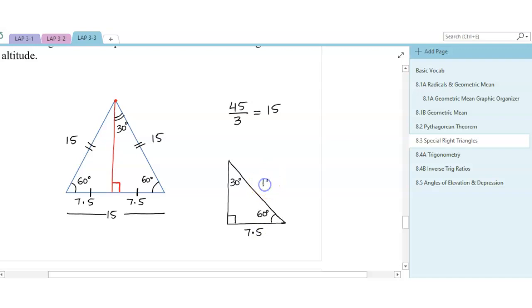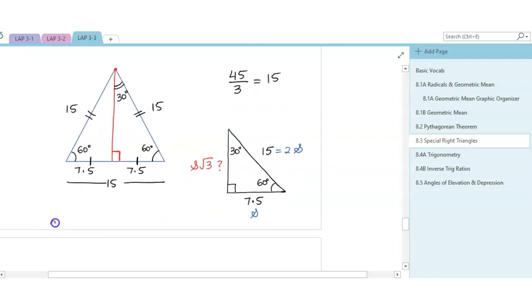The hypotenuse is 15, and it makes sense because remember the side opposite, if it's S, then the hypotenuse is 2 times S. So if I want to find out what the altitude is, well, that's just going to be S root 3. And so final answer, altitude is simply going to be whatever S is, so S is 7.5 times root 3.